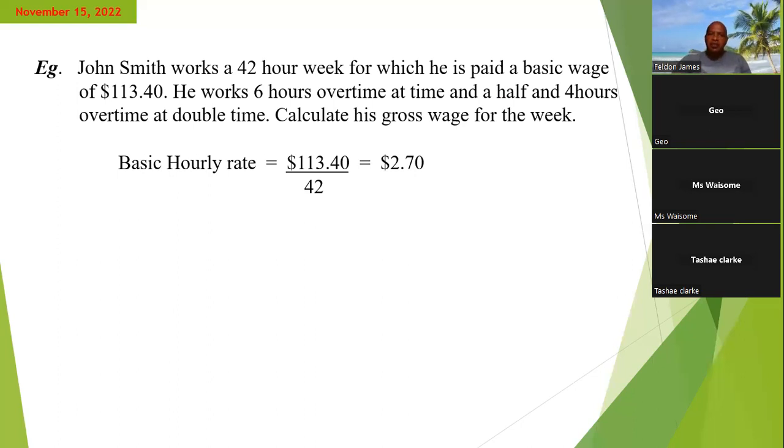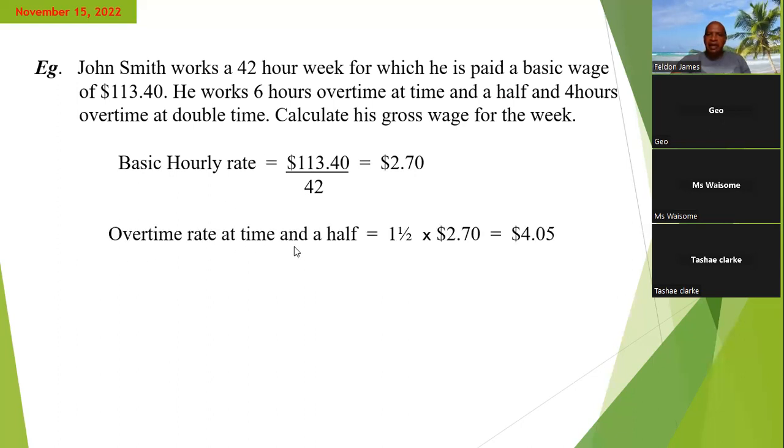Now, he has 2 overtimes. He has overtime for 6 hours at time and a half. So the rate for the time and a half would be 1.5 times the $2.70, which is $4.05. That is the overtime rate for the 6 hours.